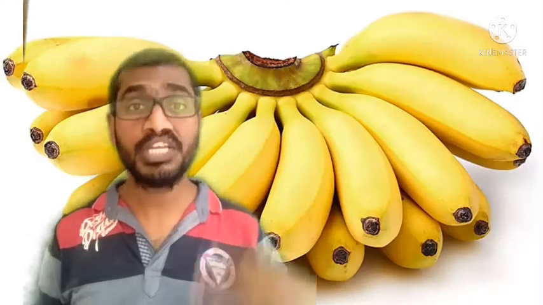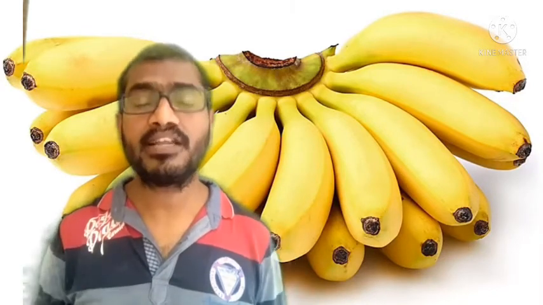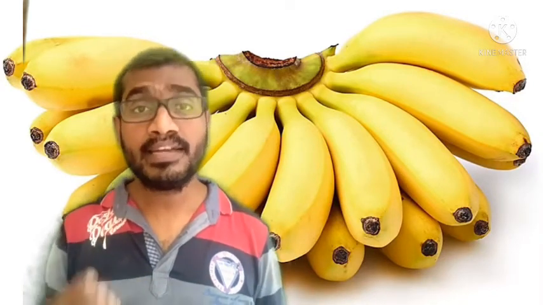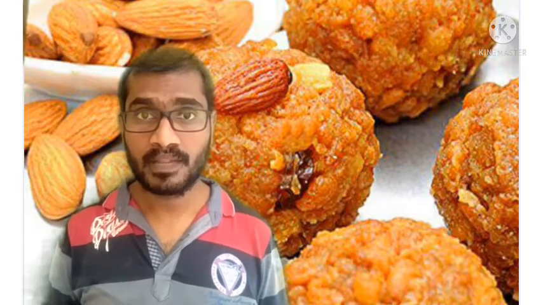If you are growing bananas, you can distribute bananas. It is eco-friendly and healthy also. And some students are giving homemade laddus, and some are giving coconut along with some jaggery. It's very nutritious and healthy.